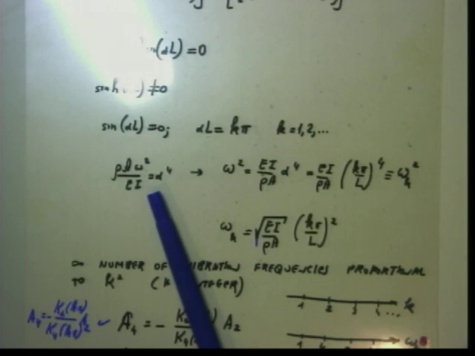If you have any questions, please do not allow me to continue without asking me a question. So omega sub k equals the square root of EI over rho A times k pi over L squared.